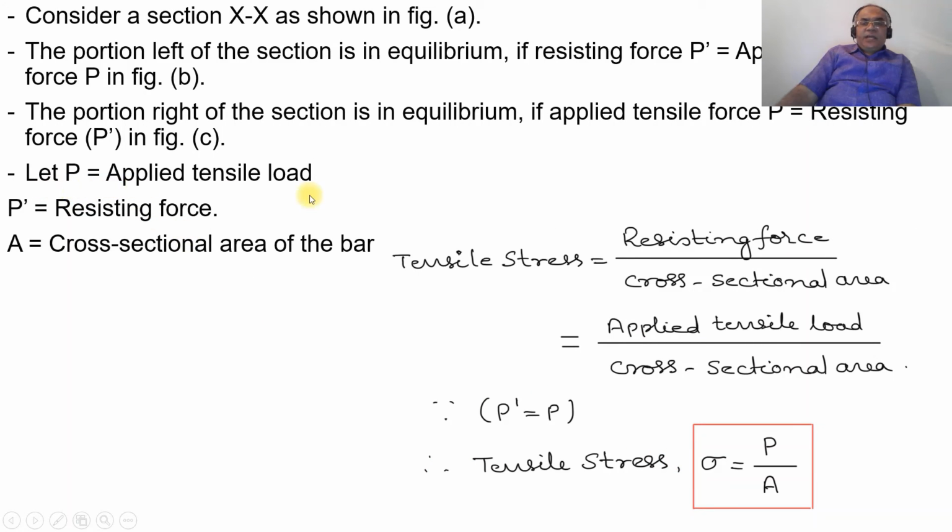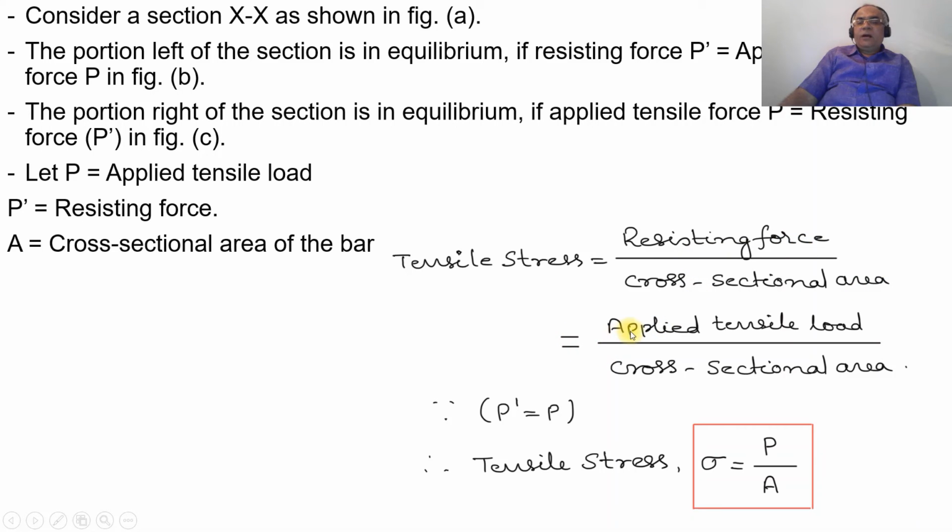Let P be the applied tensile load, P dash the resisting force, and capital A the cross-sectional area of the member. So what is the tensile stress? It is the resisting force divided by the cross-sectional area. What is the resisting force?